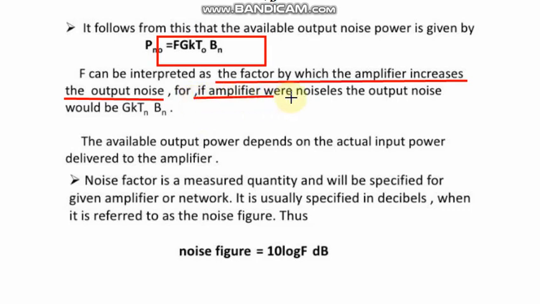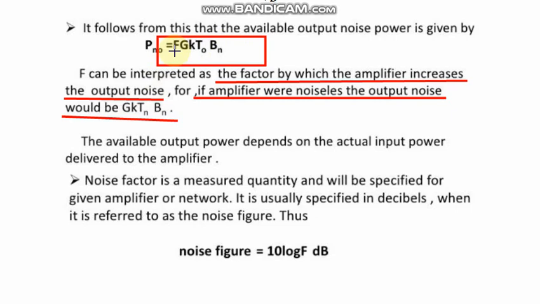If the amplifier were noiseless, and actually we have to make such a type of amplifier which would be noiseless, then the output noise would be G, k, T and Bn. That means this noise factor will become 1.